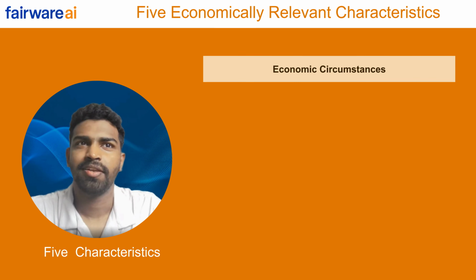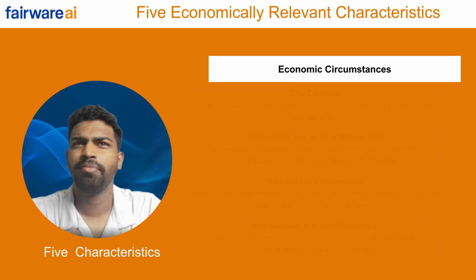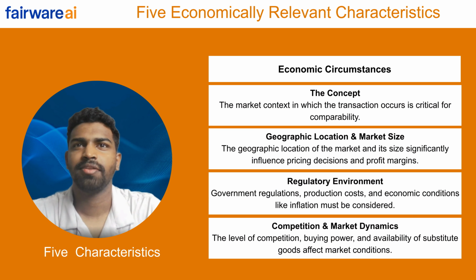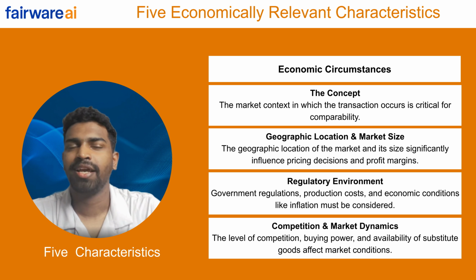Yes, and that's talking about the fourth environment, the economic circumstances. This means where the market is, how big it is, and the level of competition they are having in the market. So market conditions actually affect transfer pricing, right? If market conditions change, so does what a company is willing to accept.